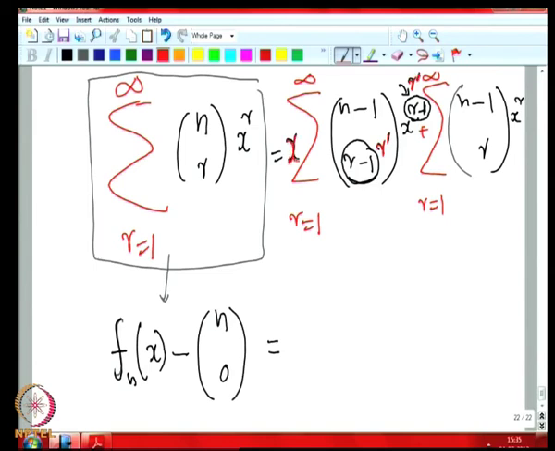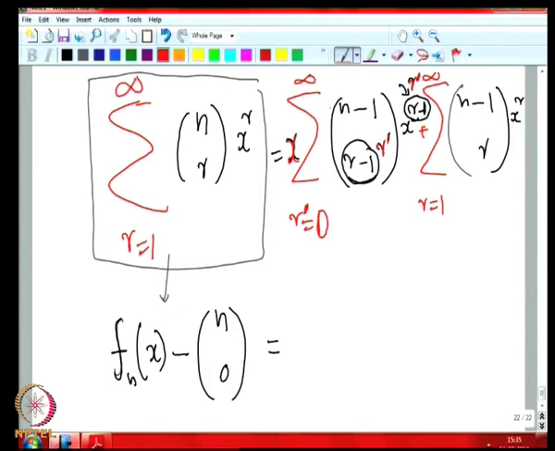Okay. Now, we see r dash is going from 0 to infinity, because r was going from 1 to infinity, r dash being r minus 1, that will go from 0 to infinity.